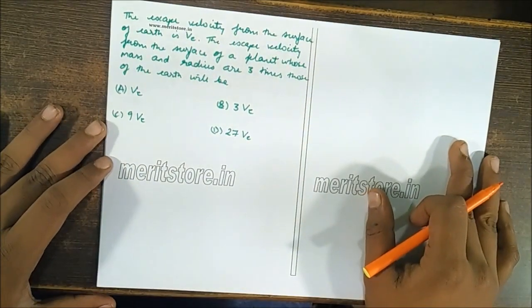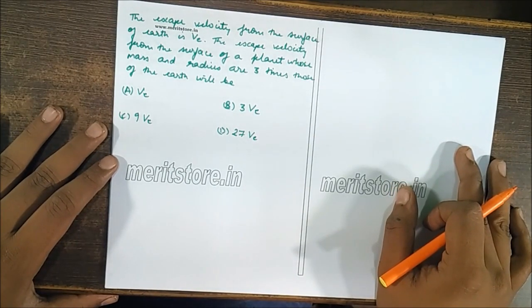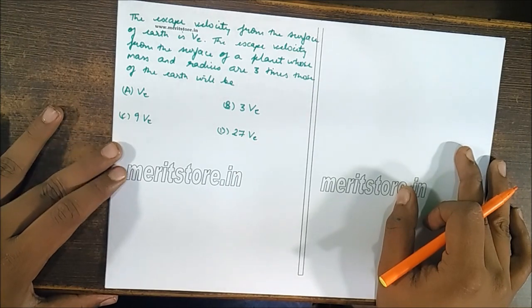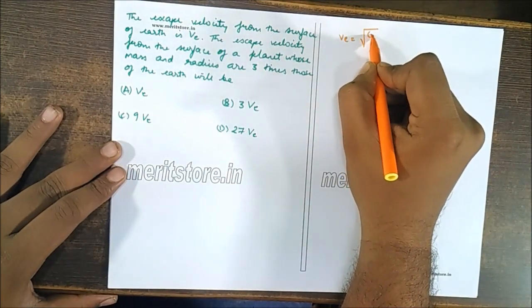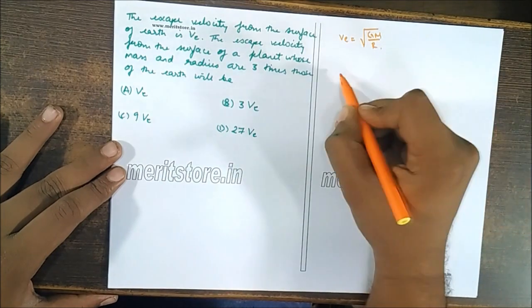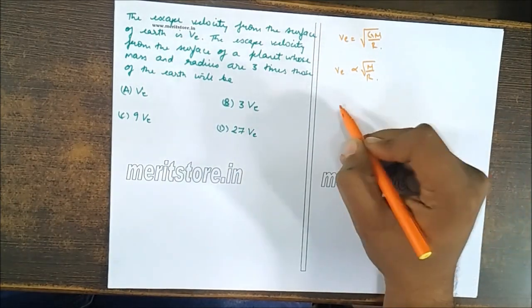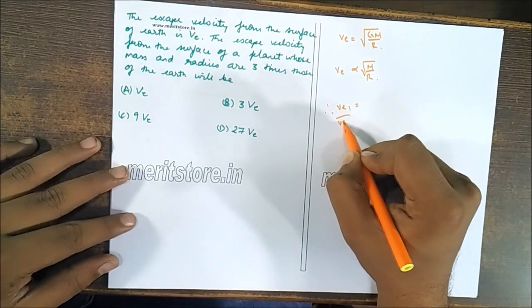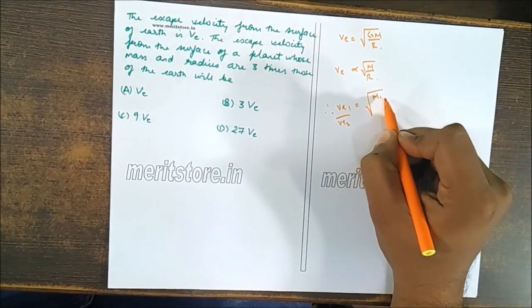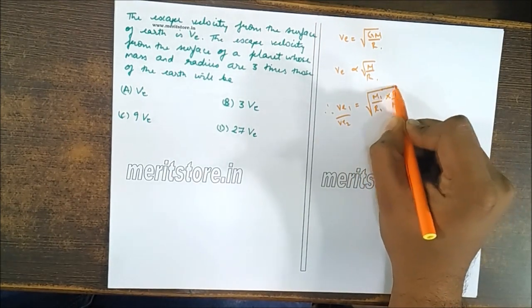Another question. The escape velocity from the surface of Earth is V_E. The escape velocity from a planet whose mass and radius are 3 times those of Earth. Again we'll write V is equal to under root of GM upon R. Now V_E is directly proportional to root of m by R. So V_E1 upon V_E2 is equal to under root of m1 upon R1 into R2 upon m2.